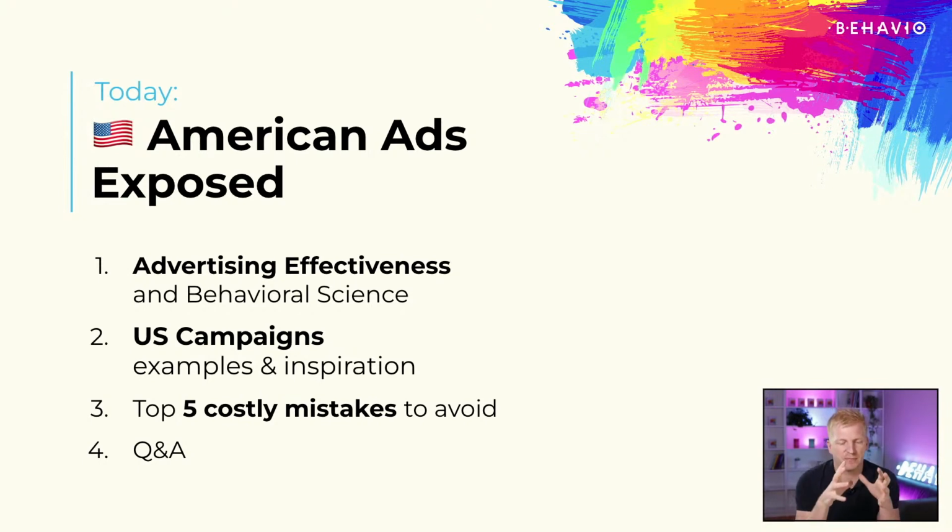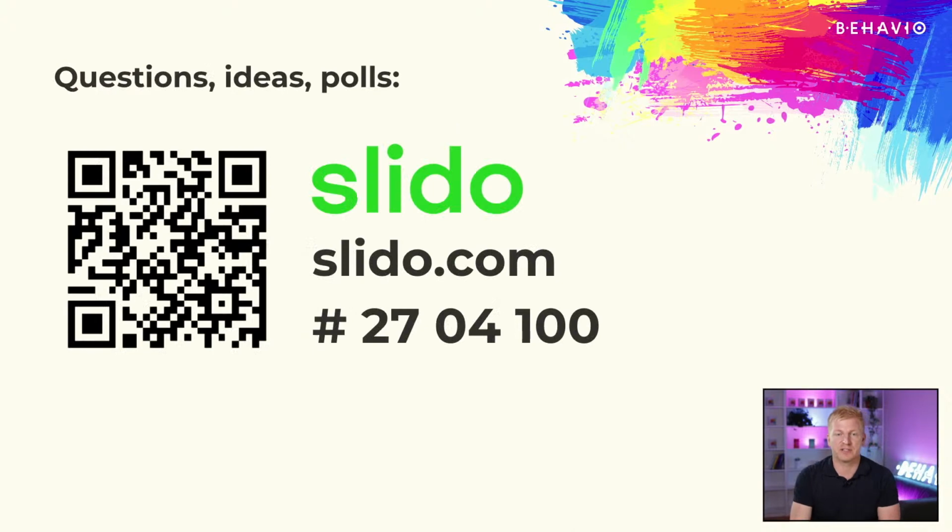Finally, I'm going to sum this up into the 5 most costly mistakes to avoid, and we're going to see some of them in some of the campaigns, and we're also going to see some commercials which were able to avoid them. And finally, Q&A. I'm really looking forward to the Q&A because it's mainly about the discussion, and that's usually the most fruitful part. So really ask me anything or disagree or whatever.